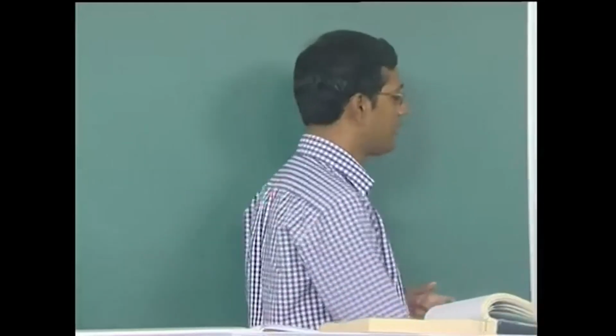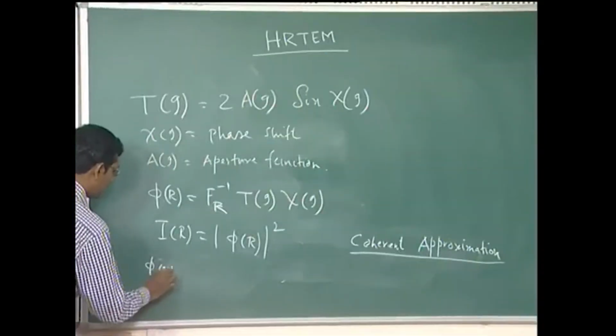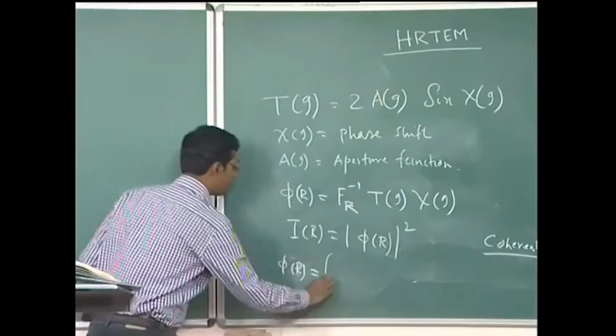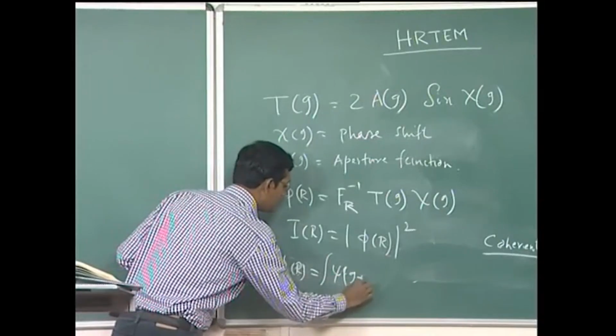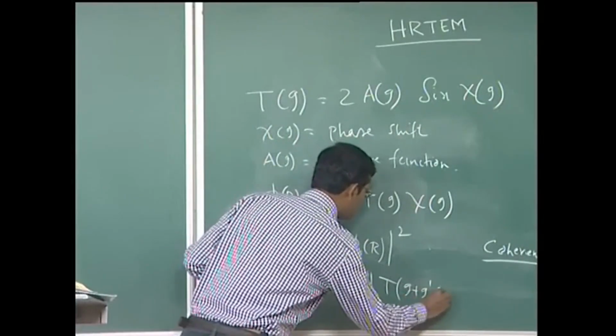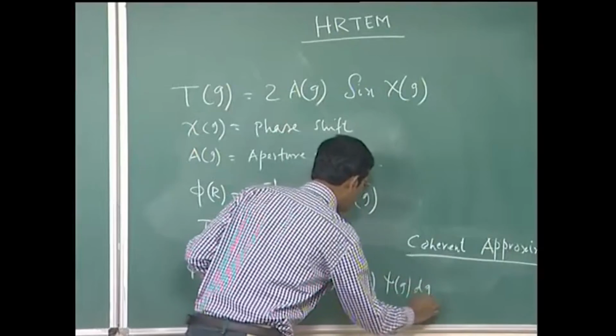So, if you know the transmission cross coefficient, then this function will be much more complex, which I can actually give you. So, psi r can be written as the integration of g plus g prime multiplied by the transfer function of g plus g prime, g, into psi z of g.